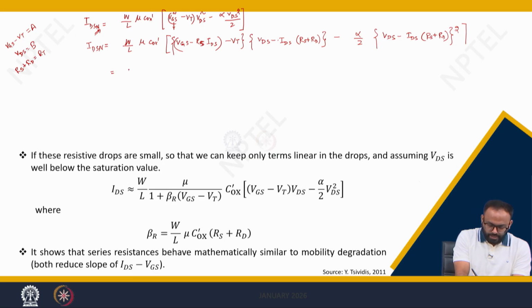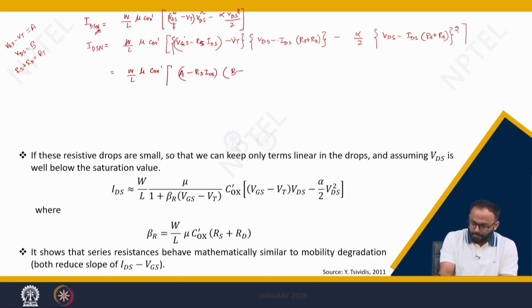So rewrite this equation as W divided by L mu into COX dash, (VGS minus VT) you can rewrite as (A minus Rs into IDS), into VDS, which is (B minus IDS into RT), minus alpha by 2 into (B minus IDS into RT) whole square.